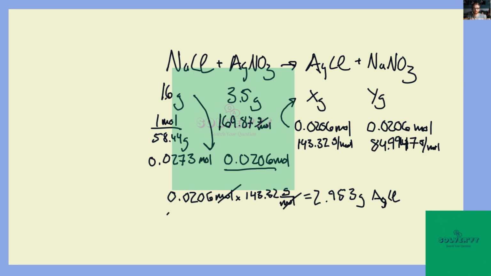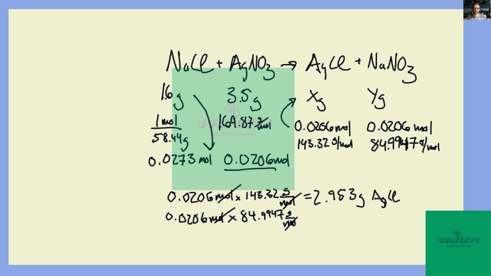And for sodium nitrate, we get 0.0206 mole times, this time, the molecular weight of sodium nitrate, 84.9947 grams per mole.